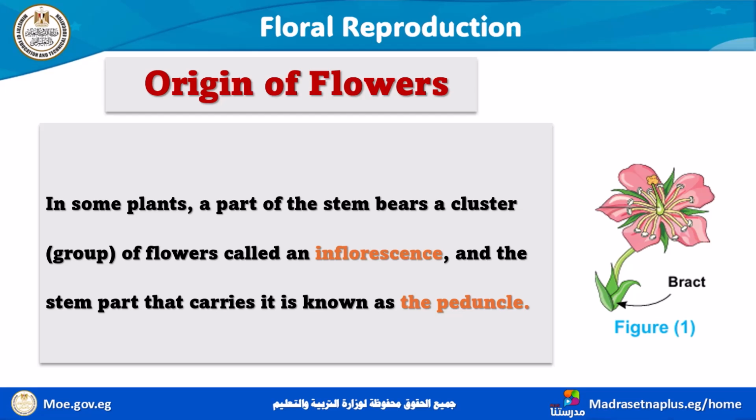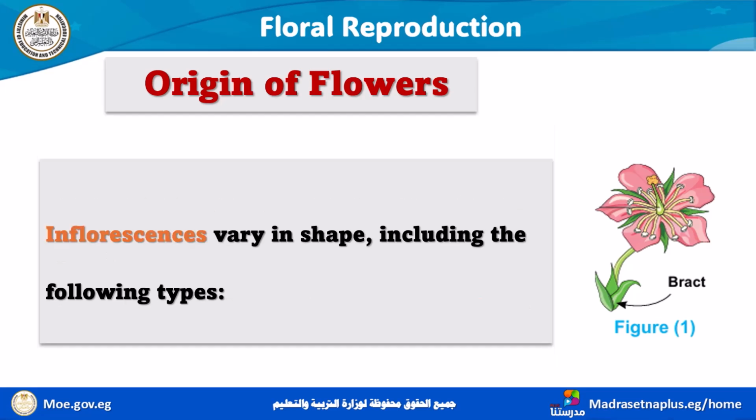So the inflorescence is a cluster of flowers on the same stem. Inflorescences vary in shape, and now we are going to recognize the different types of inflorescence.